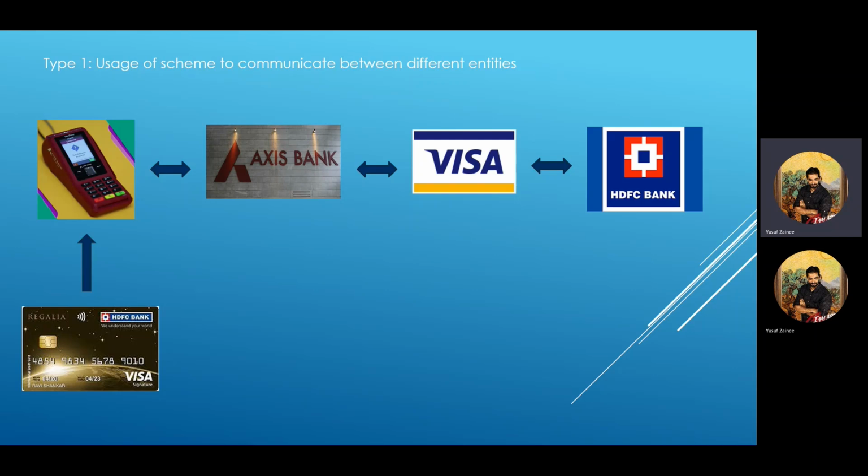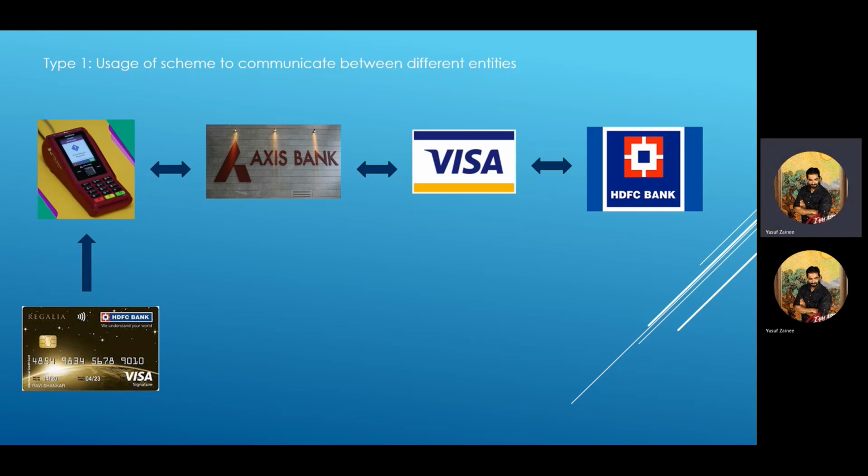As soon as you enter the PIN, the transaction goes to Axis Bank, and then the Axis Bank gateway, that is the acquirer gateway, checks and understands that the card which is used here is not an Axis Bank card. It is from some other bank.